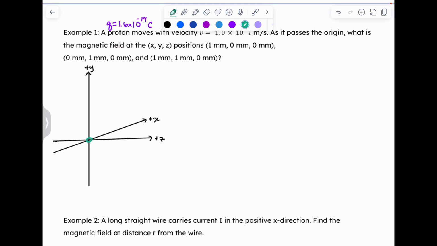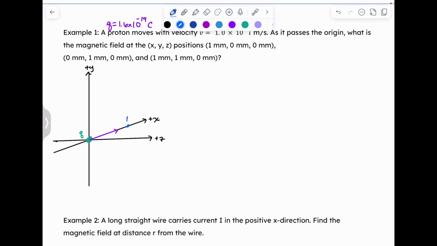This dot is my proton, moving directly on the x-axis.